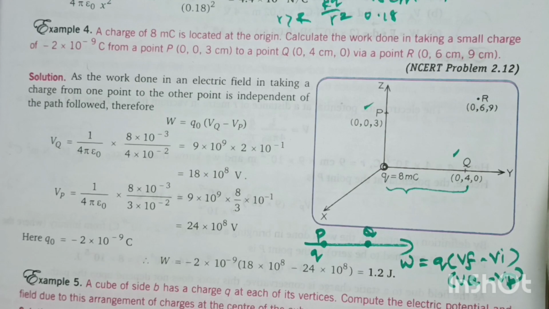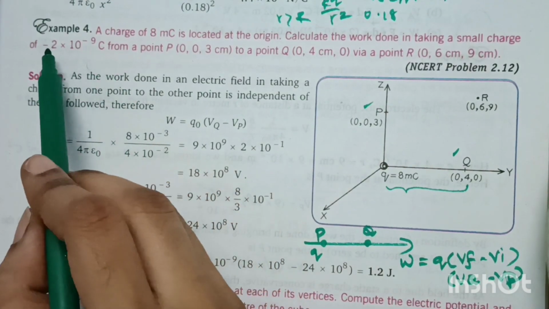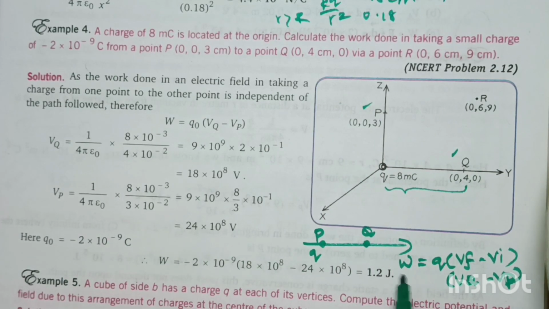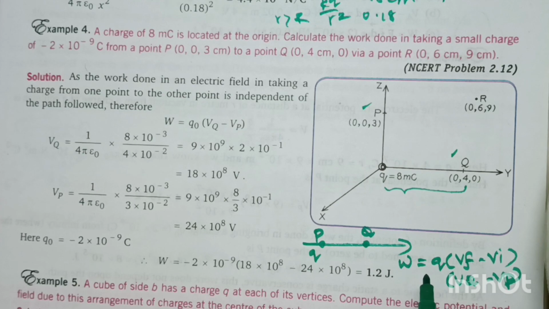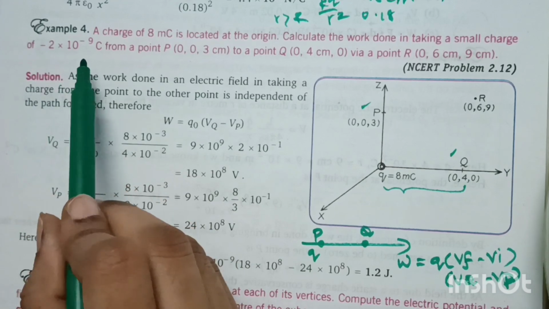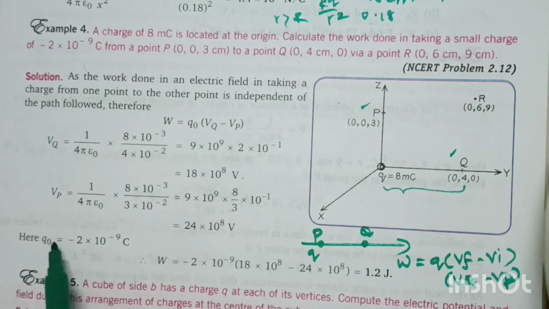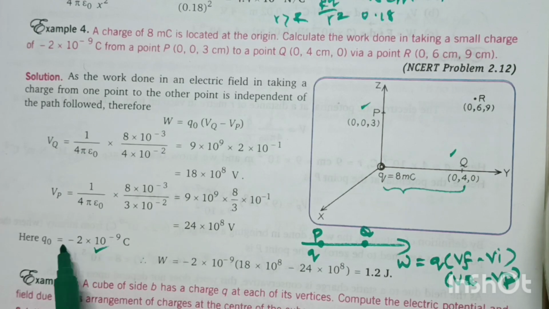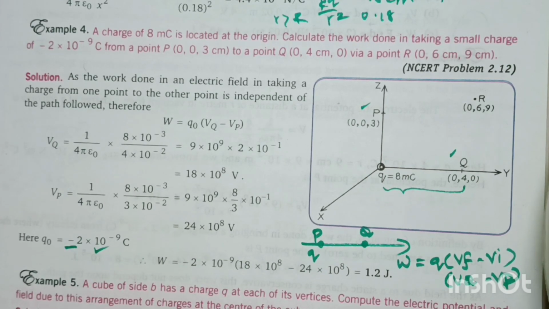Now we are going to move this charge, minus 2 into 10 power minus 9 coulomb, from P to Q. We just have to substitute the values. Q is minus 2 into 10 power minus 9 coulomb. This is the charge which we are moving, so we have to use this charge, and we have to take the sign definitely.